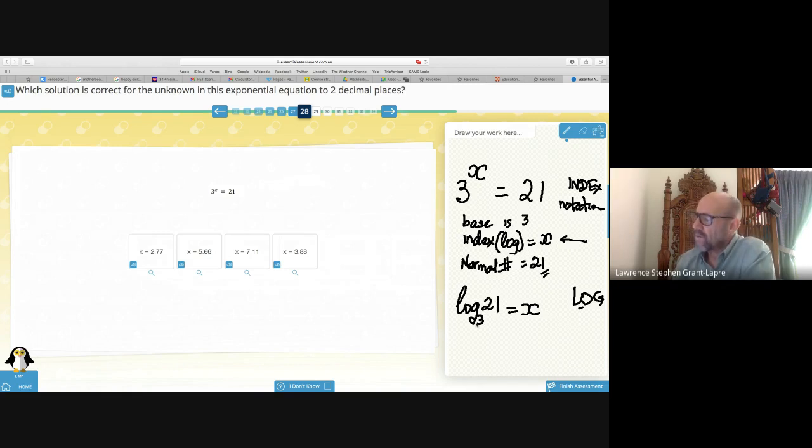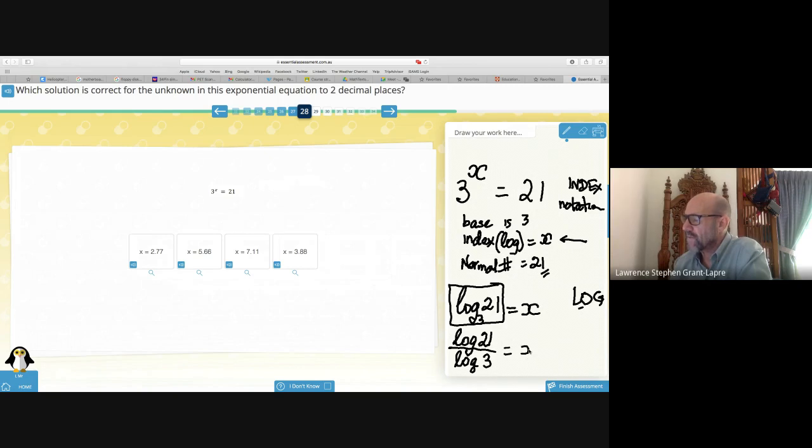Okay, so on the calculator, you can either put that in on your calculator, or you go log of 21 divided by log of 3.